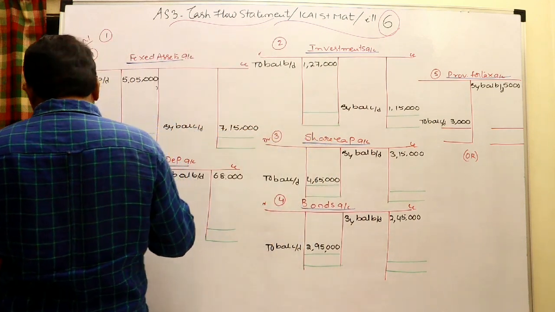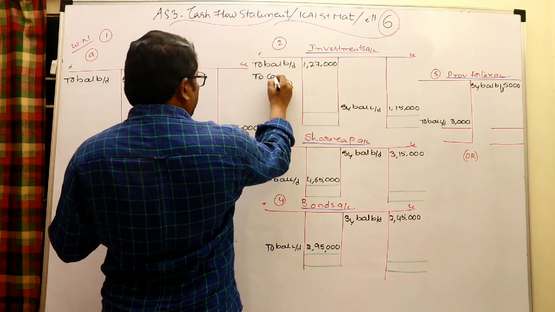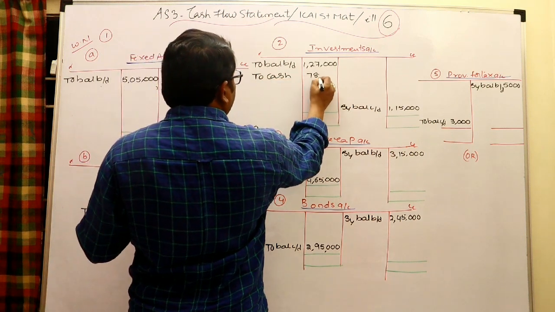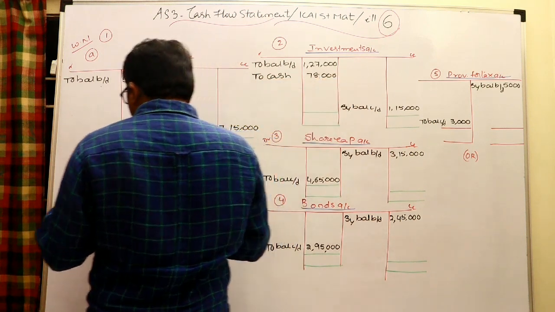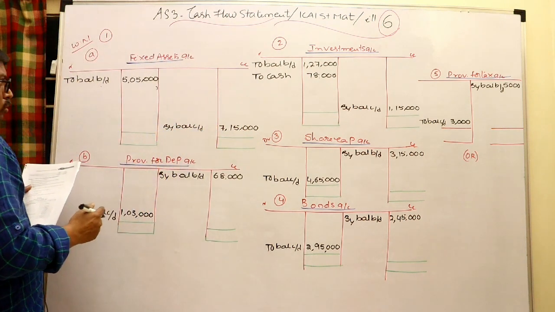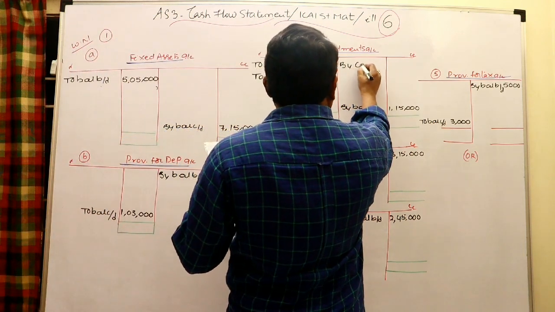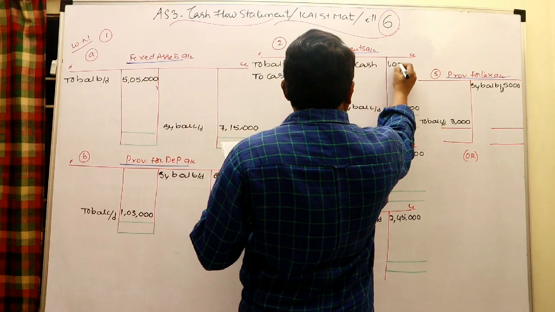Sale of investments at 1,02,000: cash or bank account to investments. In the investments, by cash or bank 1,02,000.